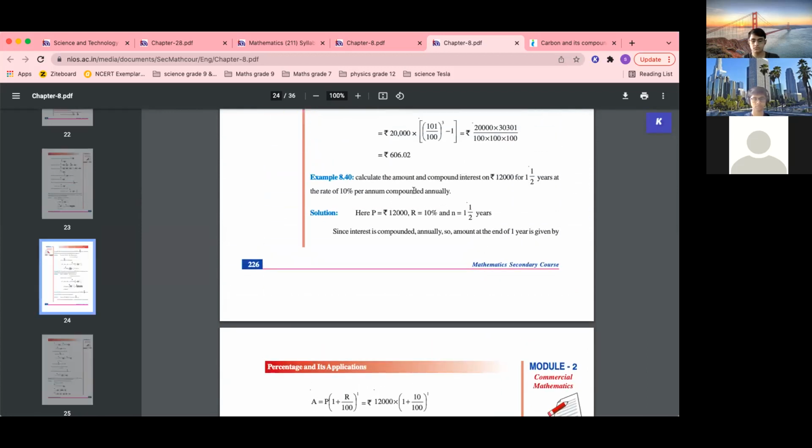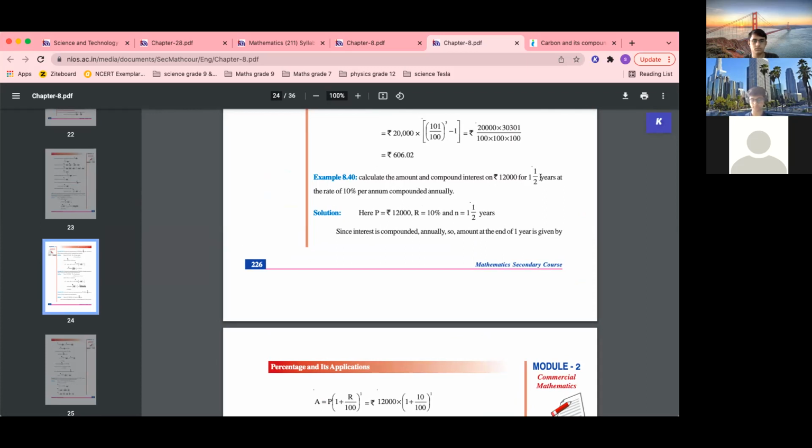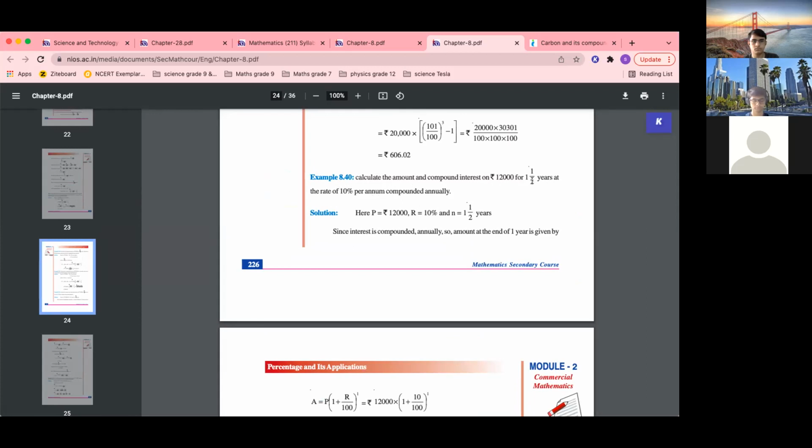This question: calculate the amount of interest on this much for 1.5 years at rate 10% per annum. So per annum, and it is compounded annually. So this will remain as it is, but it is 1.5 years. I need to calculate two parts separately, for 1 year and then for 6 months. For 6 months I will have to take the rate as half, because for half yearly we take half rate.